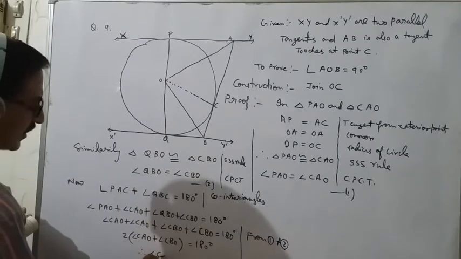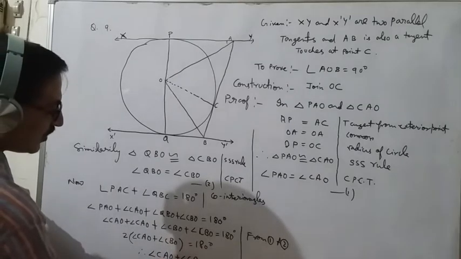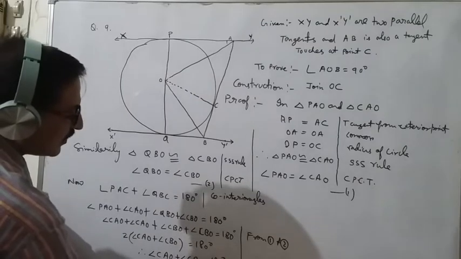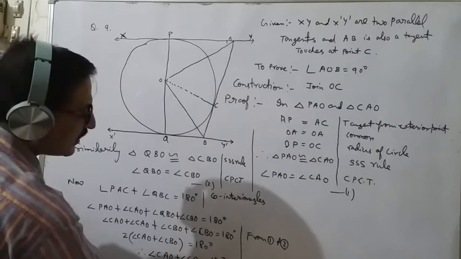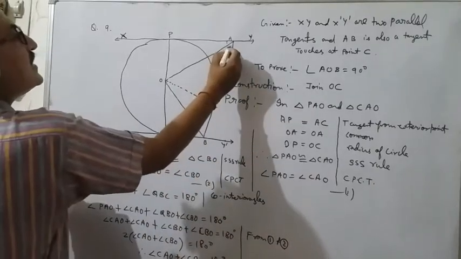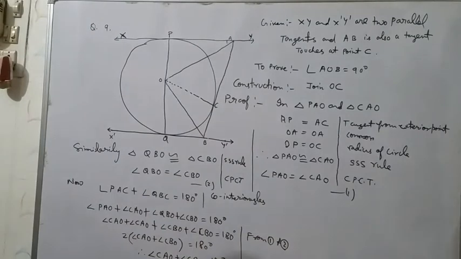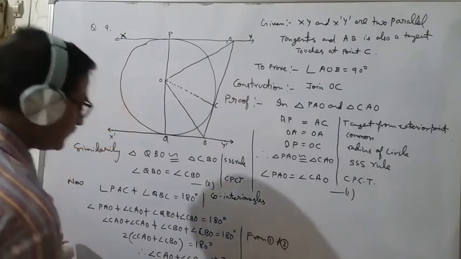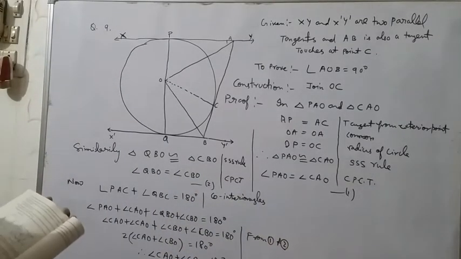Therefore angle CAO plus angle CBO equal to what? 180 degrees upon 2, and 180 degrees upon 2 equal to what? 90 degrees. We have got this angle plus this angle addition equal to 90 degrees. Okay. This is the third: angle CAO plus angle CBO equal to 90 degrees.